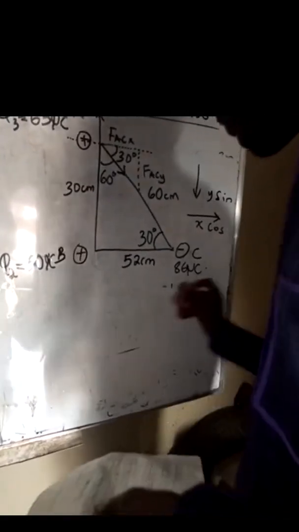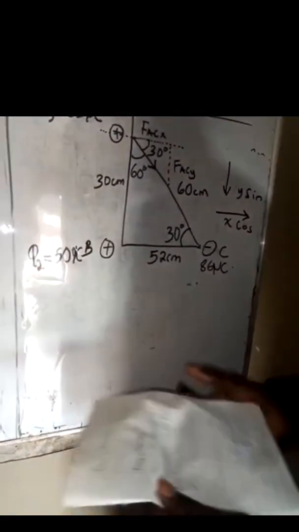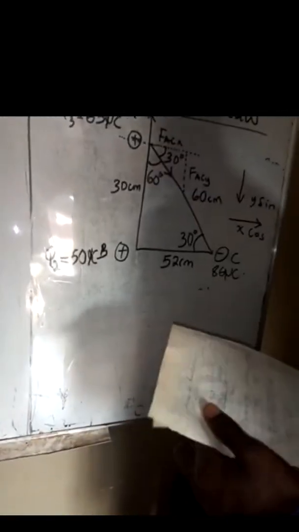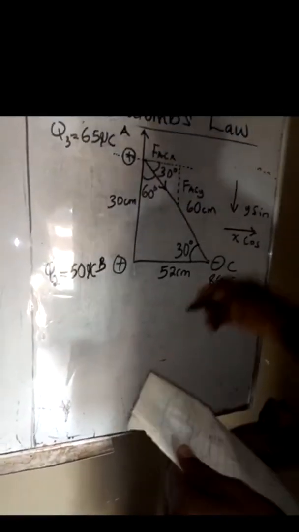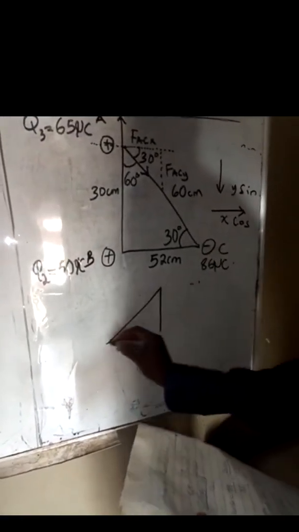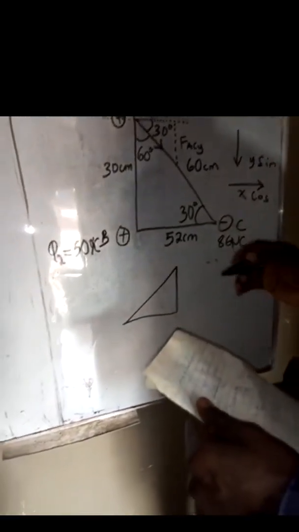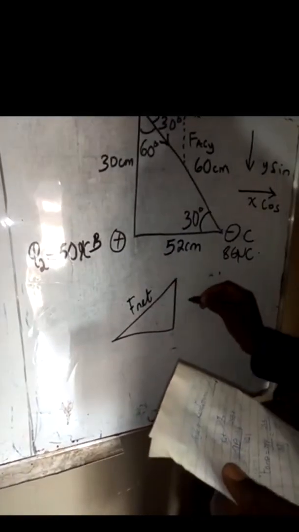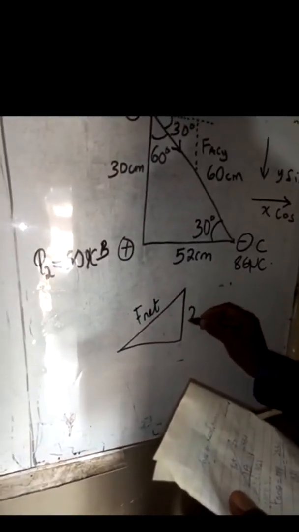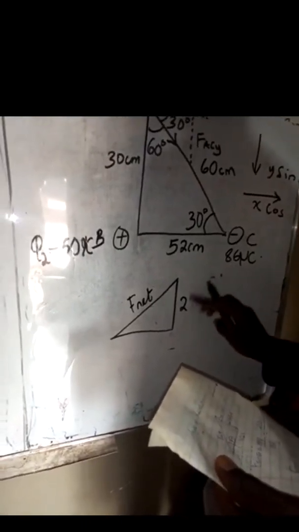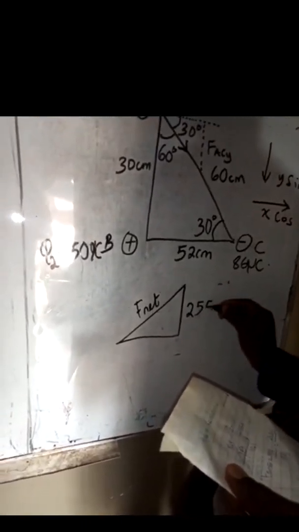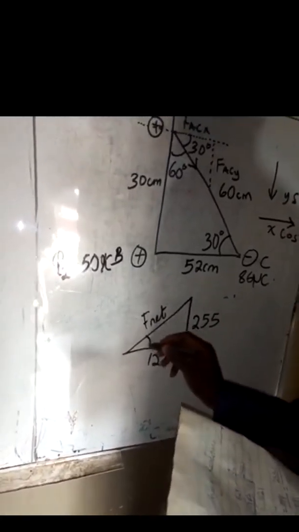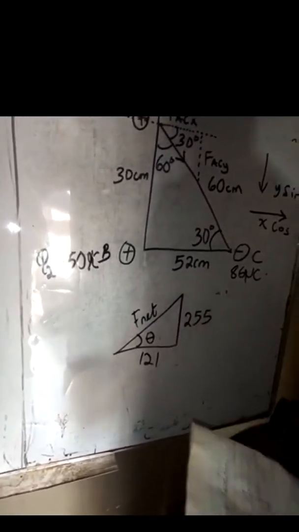Now, having got the net force, the next thing you are going to find is the angle of resolution. And what do we mean by angle of resolution? You will draw something like this. The vertical movement, we have 255. Then the horizontal movement, we have 121. So this is our angle here, which we are looking for.